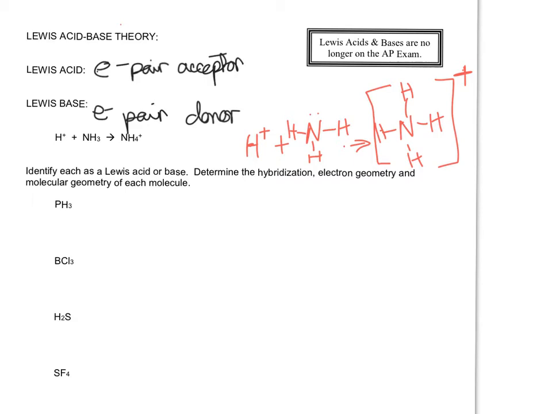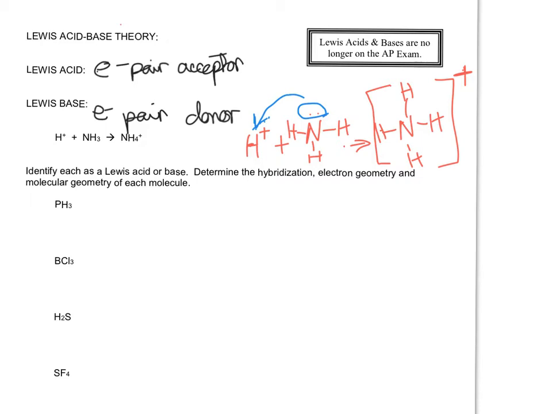In a Lewis base, the base will have a pair of electrons in order to donate them. And so right here, those electrons are going to be donated to the hydrogen.